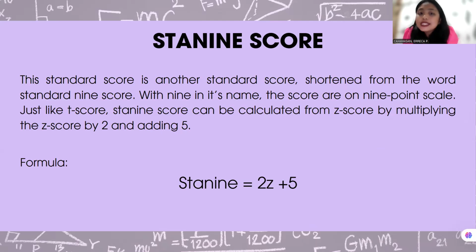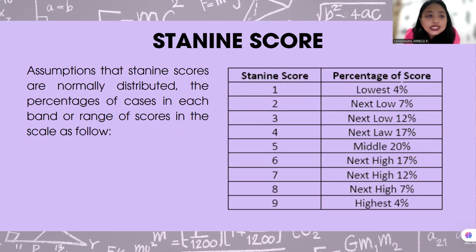So the word stanine comes from standard nine, meaning the scores are in nine parts. Assuming that stanine scores are normally distributed, the percentage of cases in each band or range of scores is as follows.